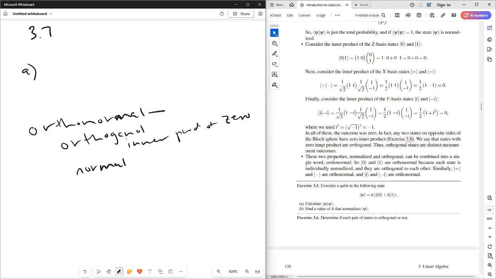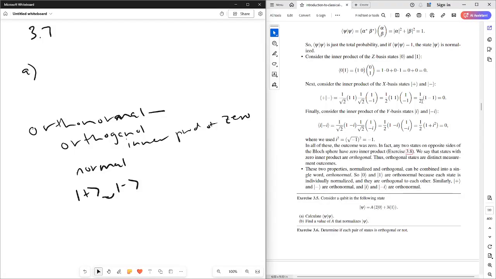Like we were saying with plus and minus, when we take the inner product of these two states, as they show on 119 here, we get an inner product of 0. Furthermore, when we look at the amplitudes of each of these states, plus has 1 over square root of 2, 0, 1. Minus has the same. They both have normalized amplitudes, so they sum to 1.